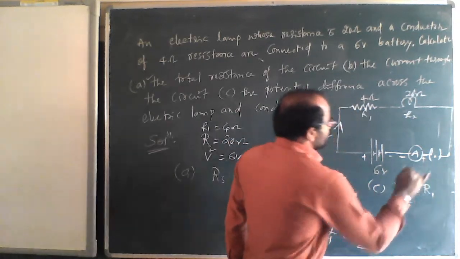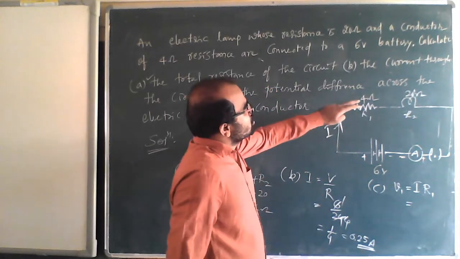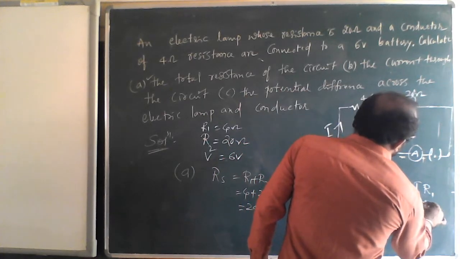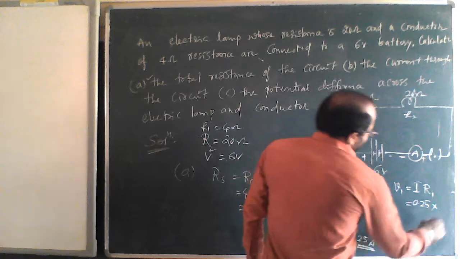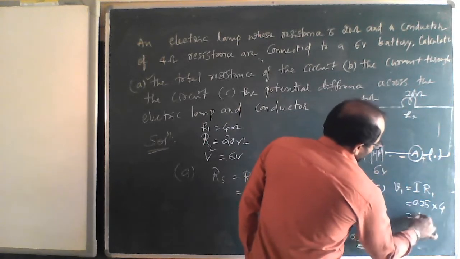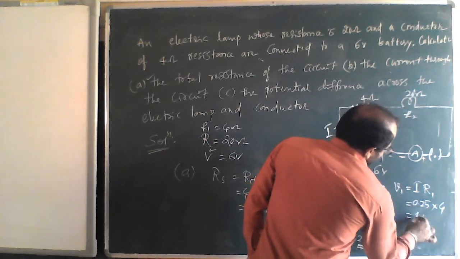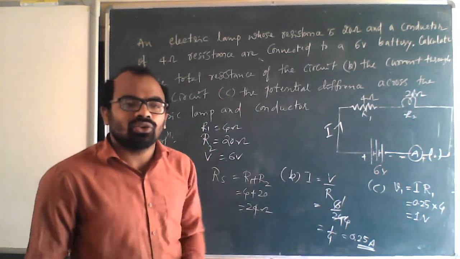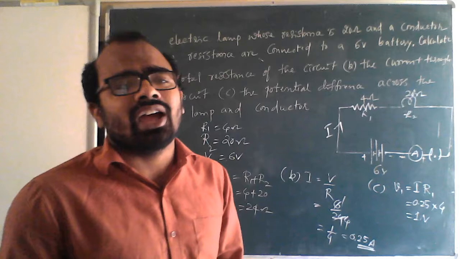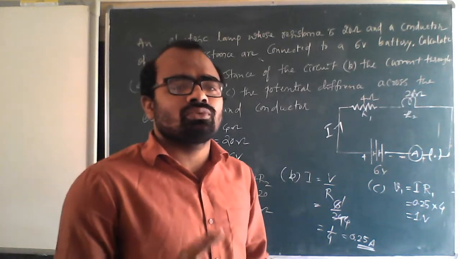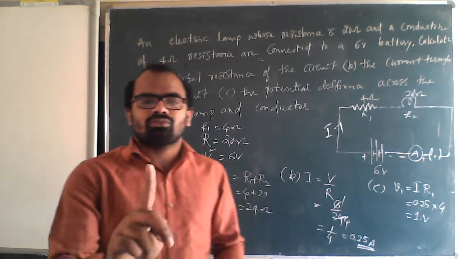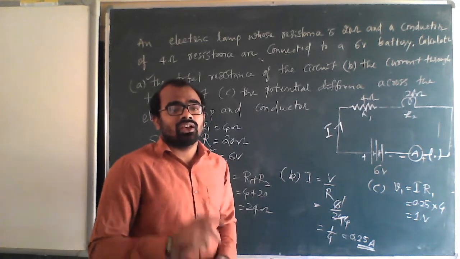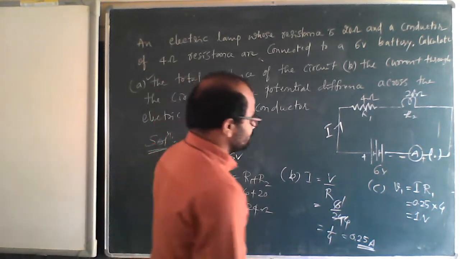So V1 is equal to IR1. I is 0.25, R1 is 4. 4 into 0.25 is 1 volt. You have to take it as 1 volt.